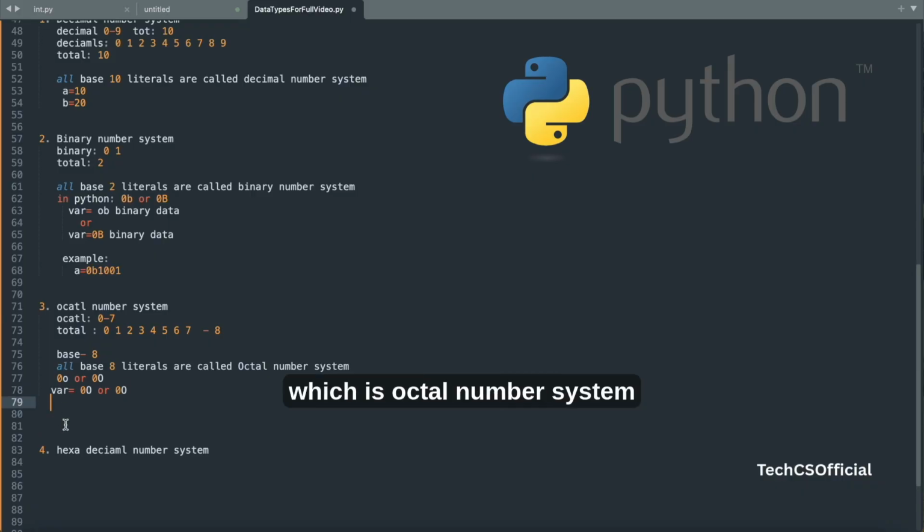This is a simple example of octal number system specification.